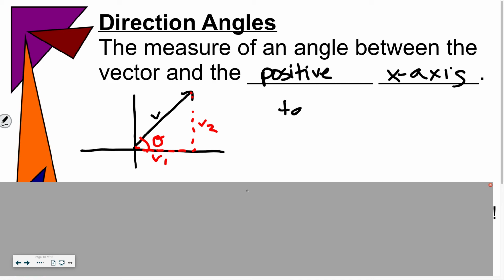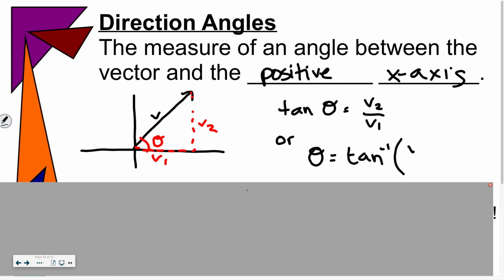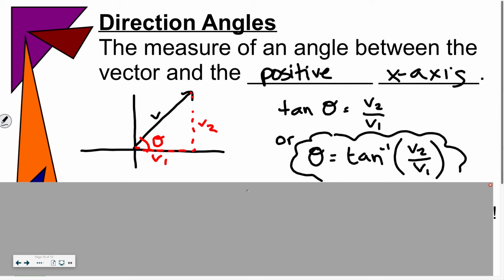The tangent of theta, if you know component form, is equal to V sub 2 over V sub 1, opposite over adjacent, y over x. And I usually know that as theta equals the inverse tangent of V sub 2 over V sub 1. Either one is fine, whichever one you choose to memorize. If you don't memorize it, draw a picture and you'll be able to get it.